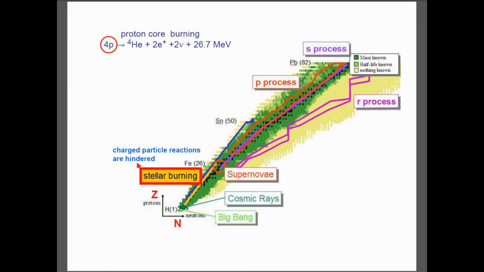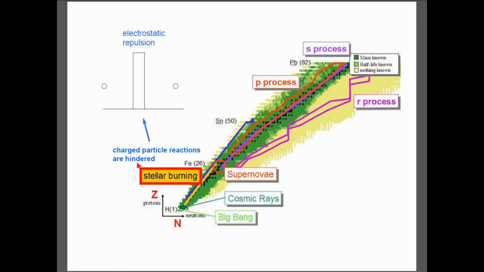I have a little cartoon here. These are the two protons which are repelled from each other. If they get close to each other, they bounce back because they don't have the energy. And it was not understood why on Earth, on the Sun, the protons can produce energy, since they cannot even get close enough together.